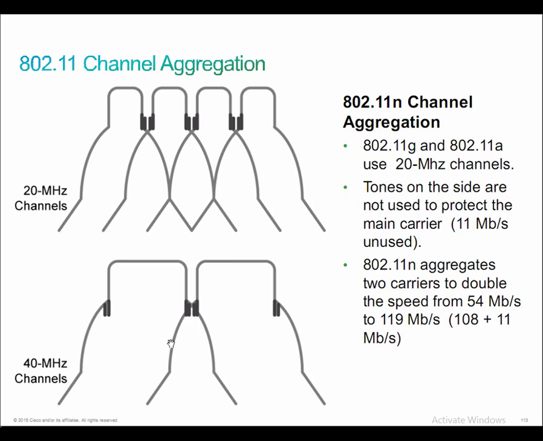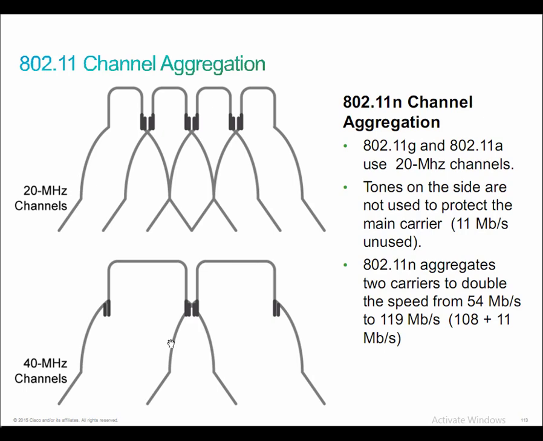It goes up to about 135 megabits per second because it allows more than one signal to be transmitted at a time. Actually, you can transmit up to 4 signals at a time. Now that will get you a speed of up to about 600 megabits per second. So there are some significant differences here when we're dealing with these different designs and allocations of channel spacing.